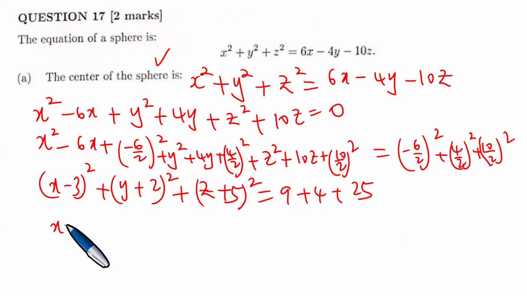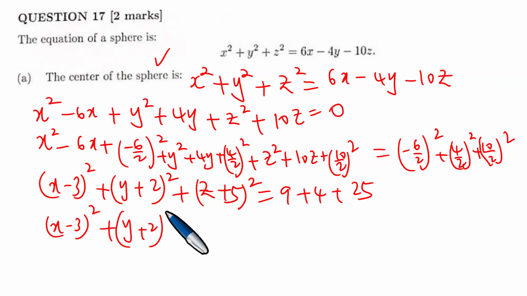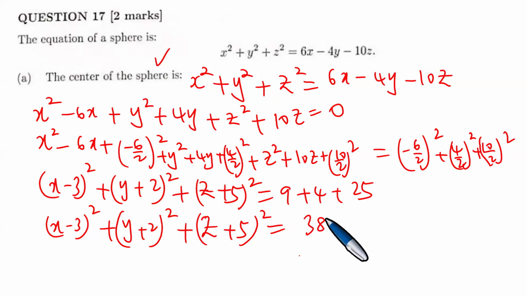Obviously this is x minus 3 squared, y plus 2 squared, and z plus 5 squared. Checking this carefully, performing the addition, you can see that it is 38, because 9 plus 4 is 13, and 13 plus 25 is exactly 38.